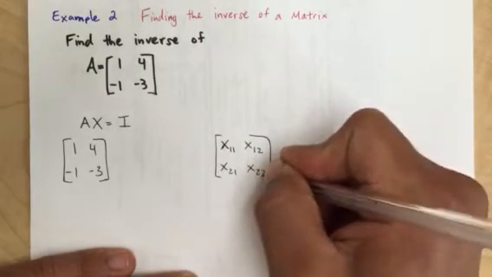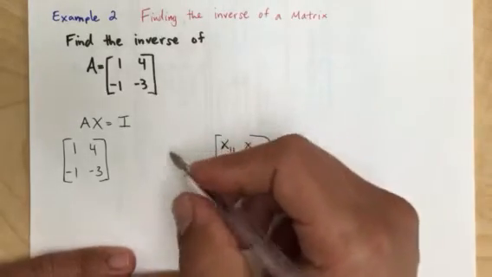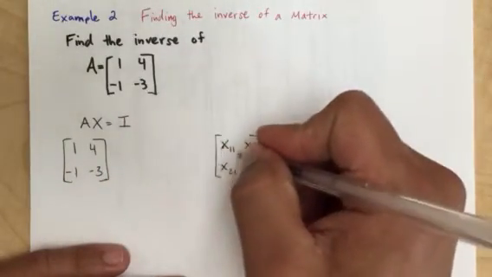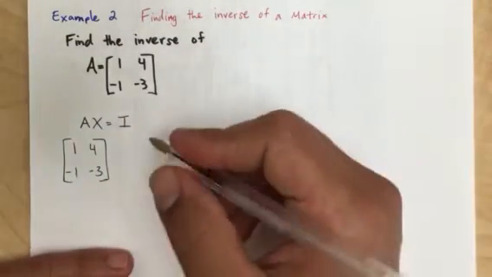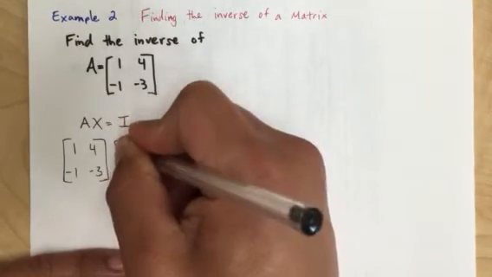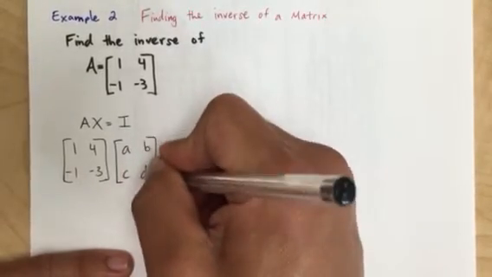If you want to use those, that's okay, but I did say that if we wanted to use other variables, we can to make it a little easier for us to work with. So instead of those, we can use A, B, C, D.